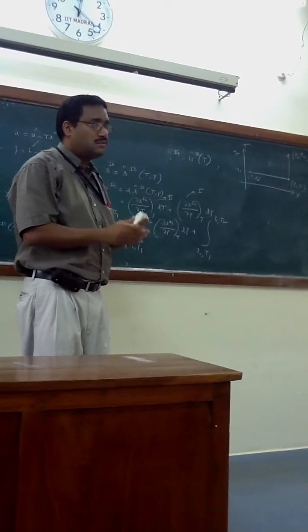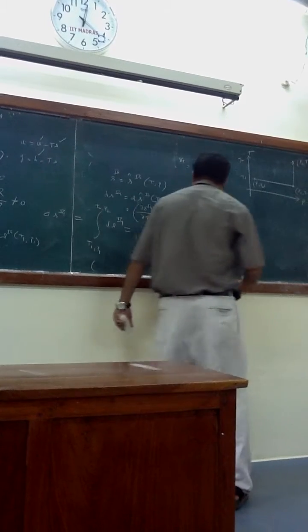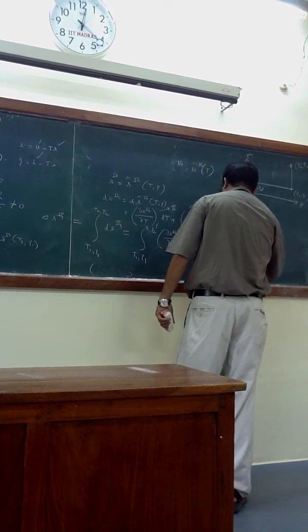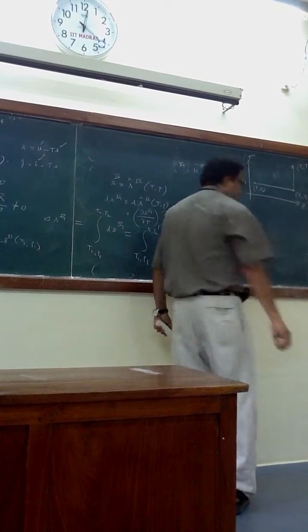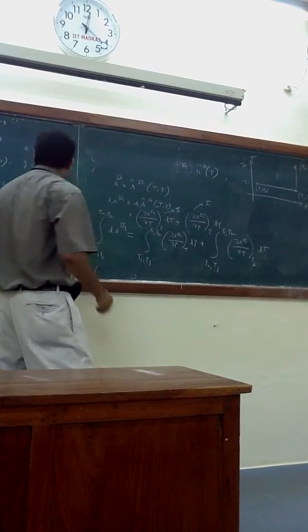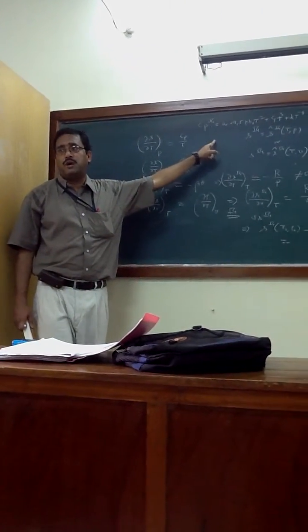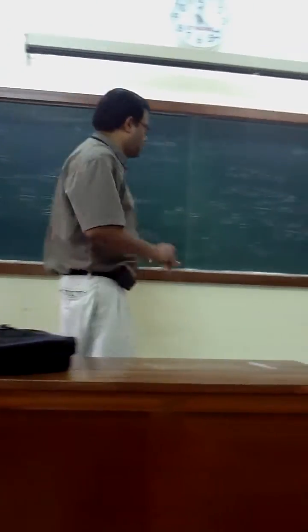Is it clear? You are saying yes, I am accepting. The integral of (∂S^ig/∂T) at P2 dT. Am I correct? Yes. As I said, Cp^ig is a function of temperature, which is A0 plus A1T plus A2T square, whatever temperature function.